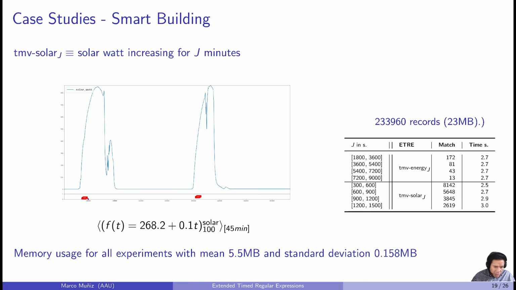So we need a good matching, and this can be done using, for example, this linear function that is increasing in the solar watt for 45 minutes. Then we can run this linear function, and it's going to match this here in red, where the controller can decide to close the window or the blinds. Again, we are very fast matching this, a few seconds.